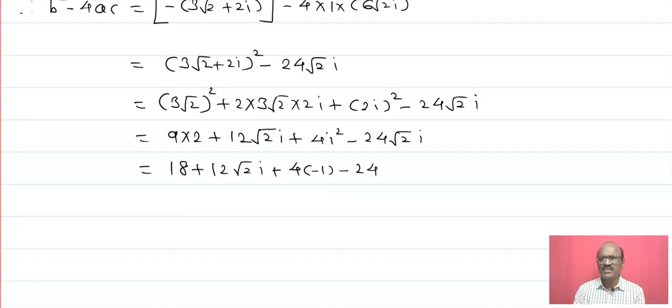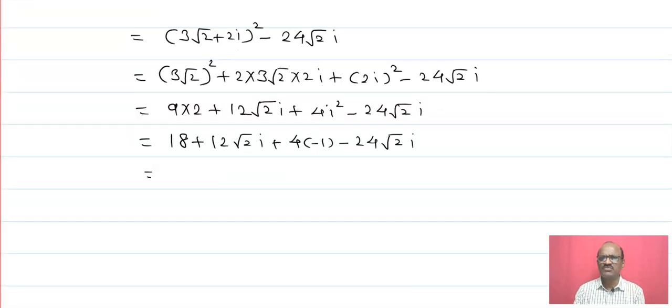Next is (2i) square, which means 4i square, minus 24 root 2 i. Now simplify this. 9 into 2 is 18, plus 12 root 2 i, and i square is minus 1, therefore it is 4 into minus 1, minus 24 root 2 i. Now see this here, that is 18 minus 24 root 2 i minus 4.